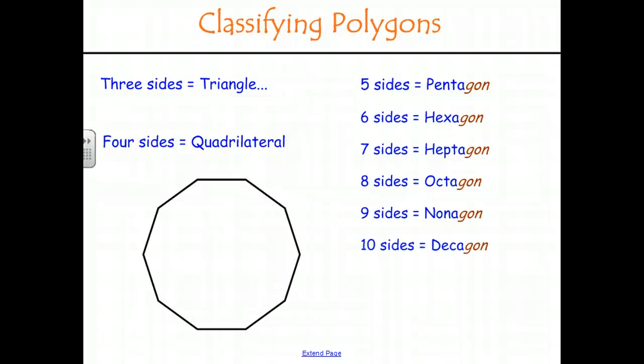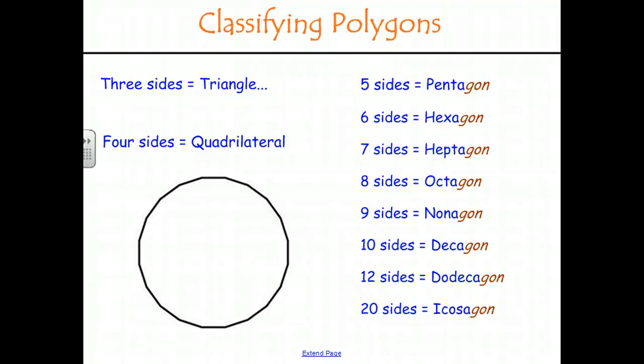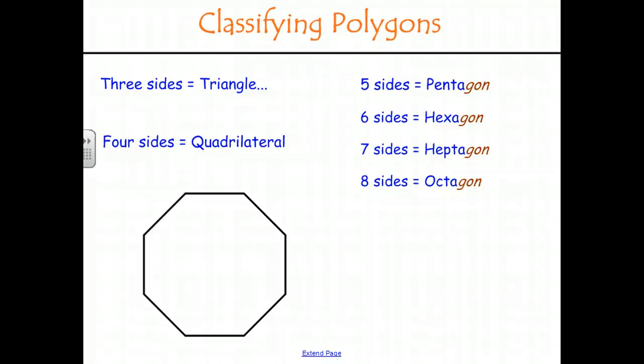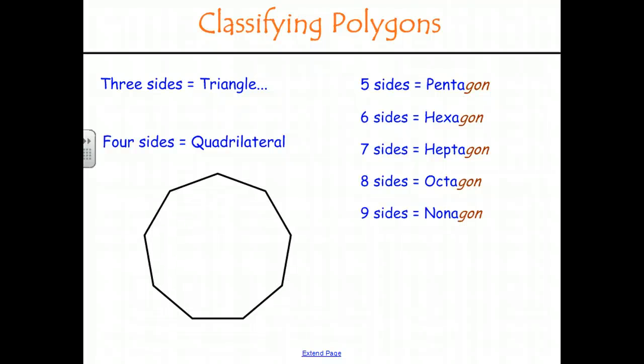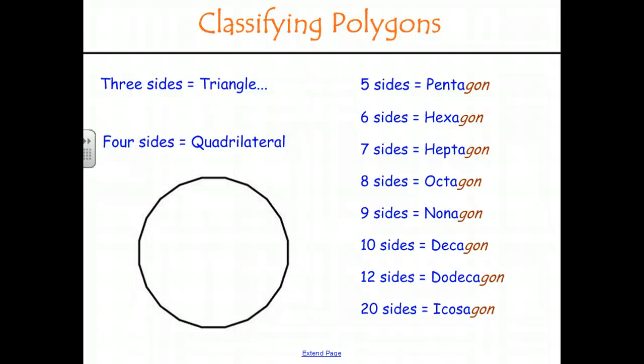And then we're going to skip one for a second. We're going to go to a dodecagon, which has 12 sides, which is more common than the 11-sided figure. And also for 20 sides, we have what's called an icosagon. I want to go back through these slides one more time, and I want you to notice how the shape changes from a pentagon to a hexagon, a heptagon to an octagon, a nonagon to a decagon, a dodecagon, and finally an icosagon.